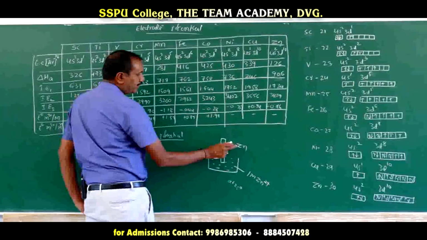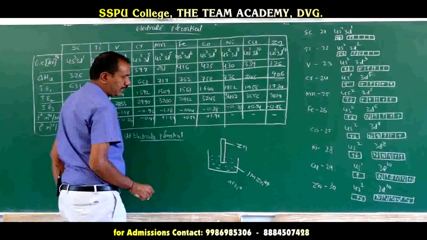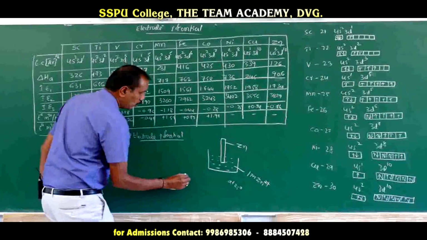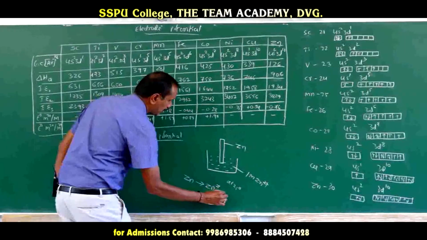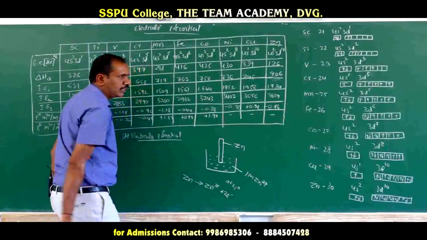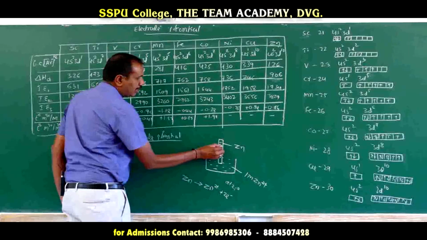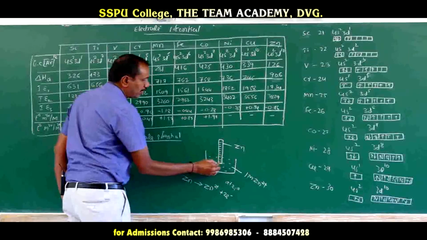So, if Zn is in contact with Zn2+, Zn has a tendency to lose electrons, meaning Zn undergoes oxidation and becomes Zn2+ by losing electrons. Those released electrons accumulate on the surface of the metal.